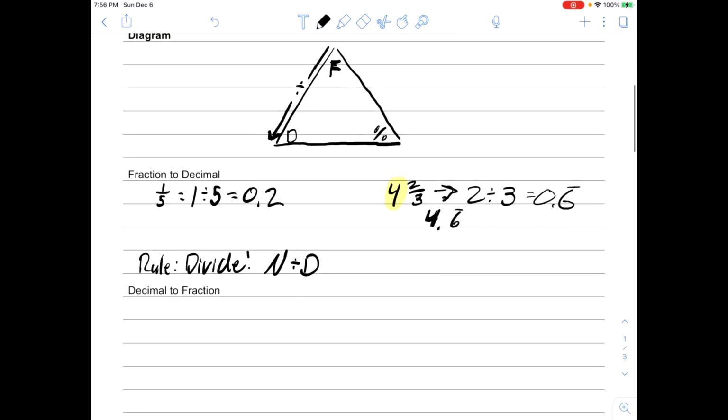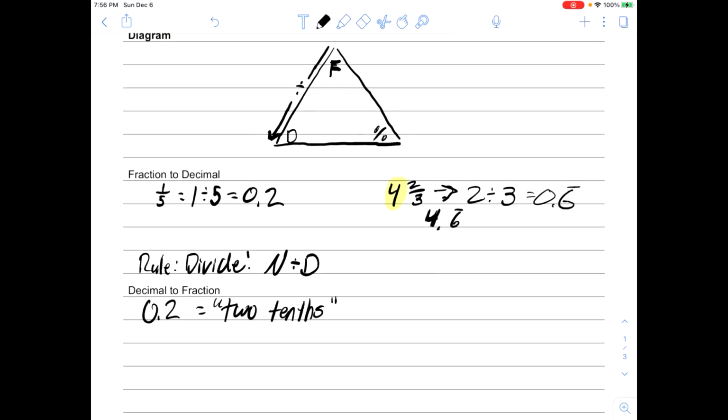Now, if I want to go the other way, if I want to go from a decimal to a fraction, let's say we had this number here. All I have to do is say the number out loud. In this case, I would say that this is 0 and 2/10.